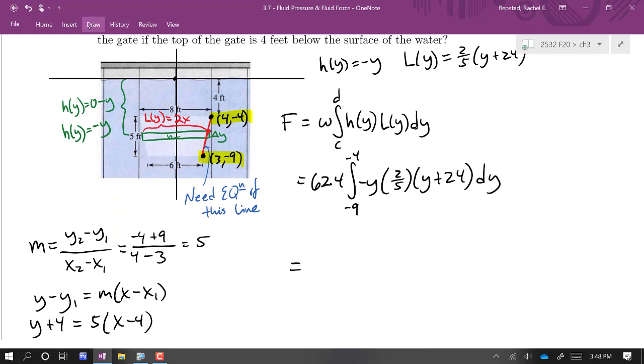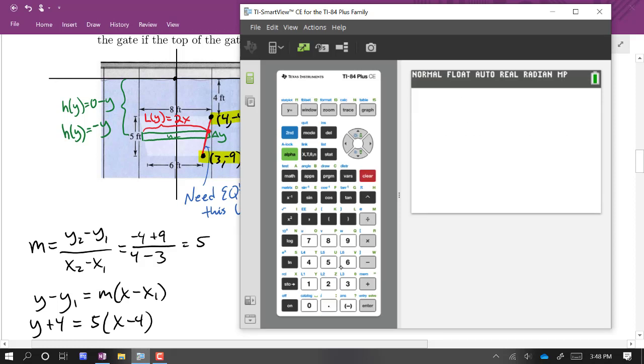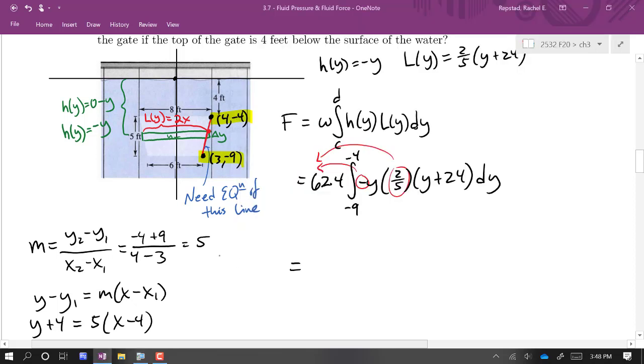Alright, I'm going to yank out some constant factors. I'm going to pull out the 2/5 and the negative. So 62.4 times negative 2/5. Whoops, 62.4 times negative 2/5, negative 24.96.